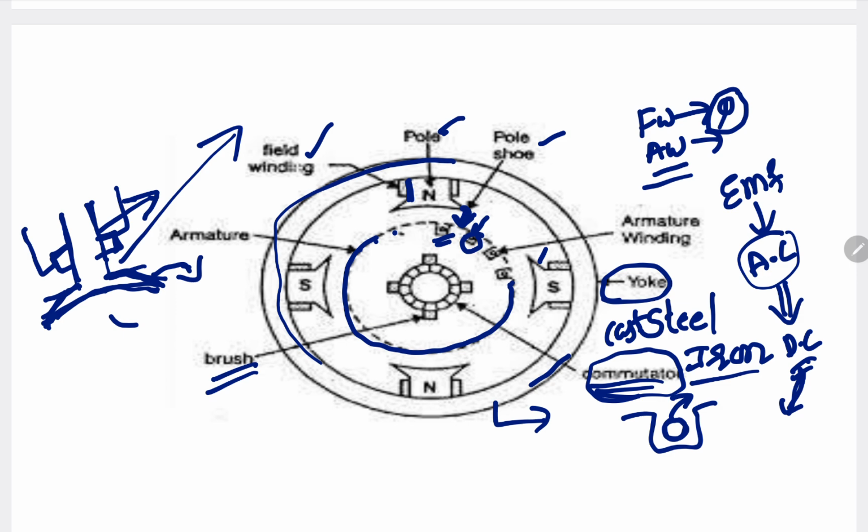The purpose of the brushes is to collect the output from the rotating armature conductors. Brushes are made up of some conducting material like carbon, and commutator segments are made up of a conductor like copper. So this is briefly about the DC generator construction.